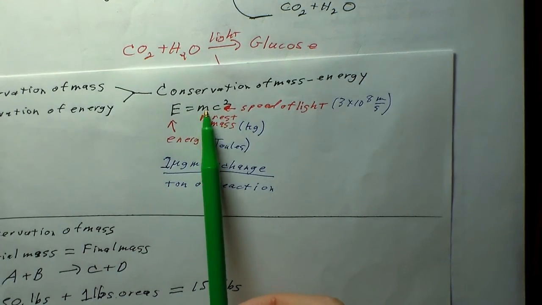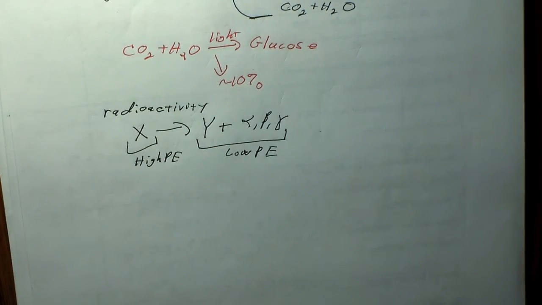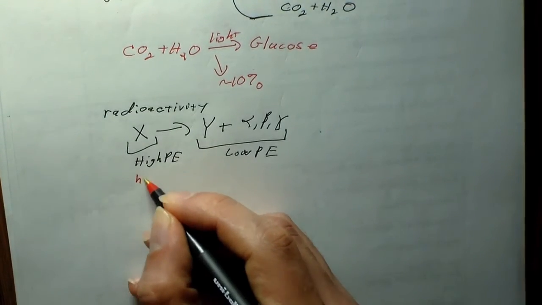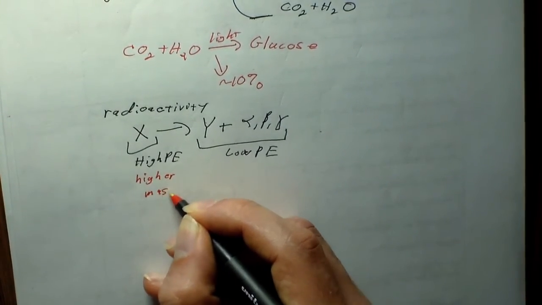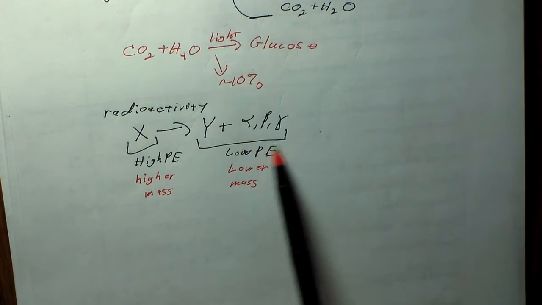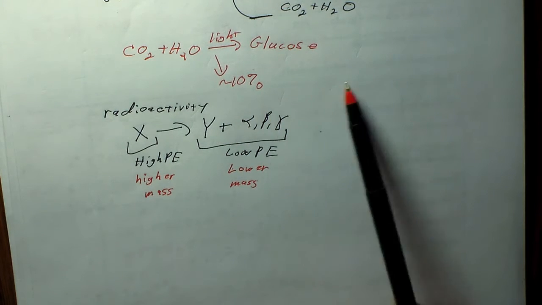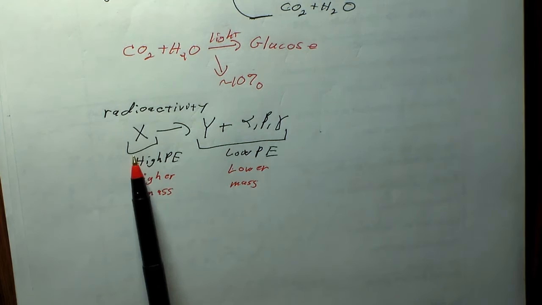So we're going to be having some change in the mass here, which is going to be lost in the form of energy. And what we're going to find here is that this is going to have a higher mass than this other side. So you're going to be seeing some mass loss, and that mass loss is going to be converted into energy. That energy is going to go into the velocity of these particles as they get shot out. So if you happen to look at, well, why does uranium break apart?